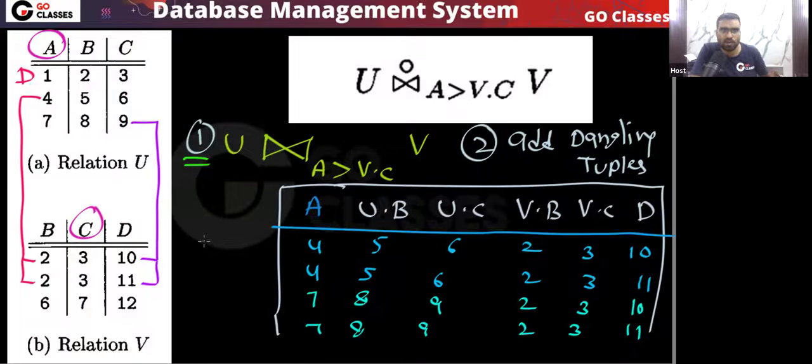Let's put 1, 2, 3 followed by nulls: 1, 2, 3, null, null, null. Then I will put 6, 7, 12 and null, null, null.